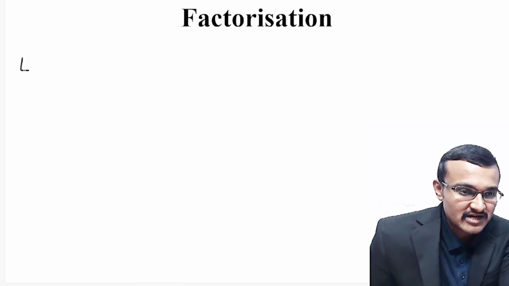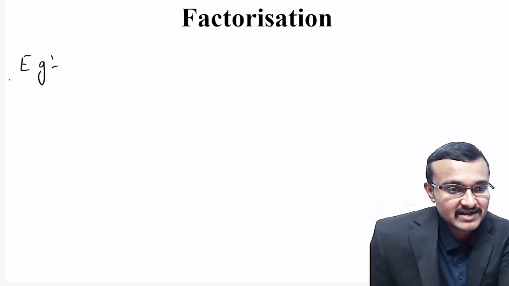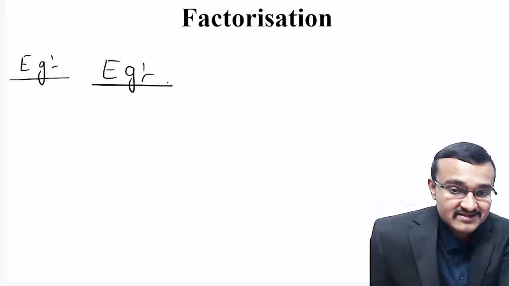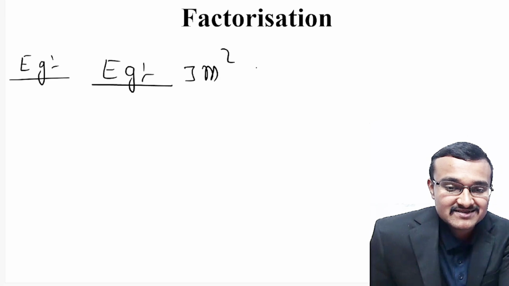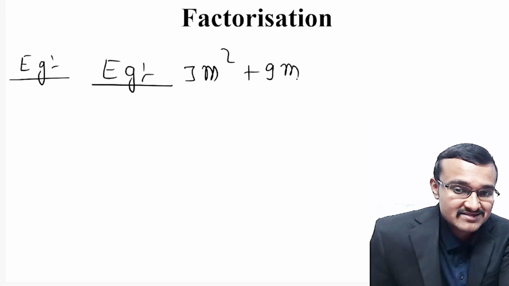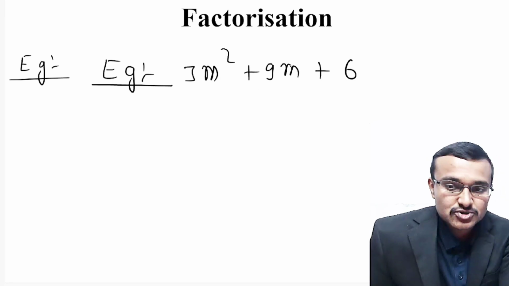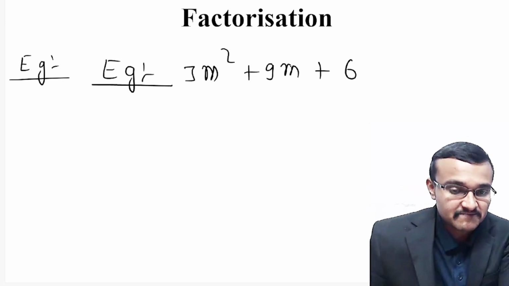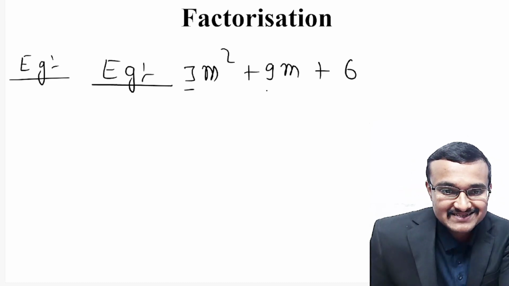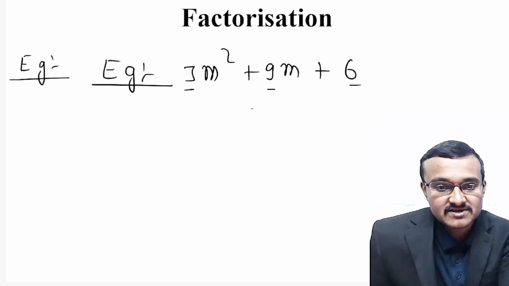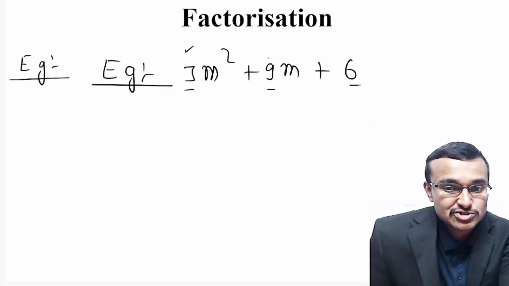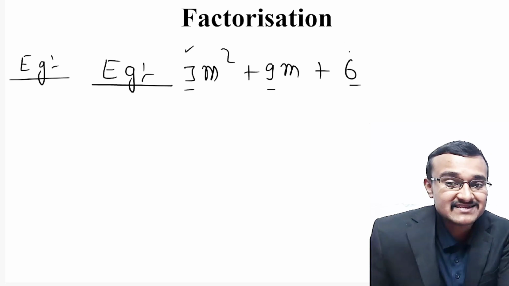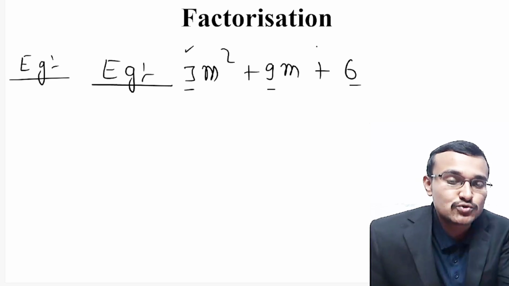So let me solve one example based on this identity. The example given here is 3m square + 9m + 6. Before writing this in the form of (x + a) into (x + b), you can take 3 common in all these 3 terms. Because here 3 is there, here 9 has 3 in it, because 3 into 3 will be 9, and in this 6 again 3 is there, because 3 into 2 will be 6.